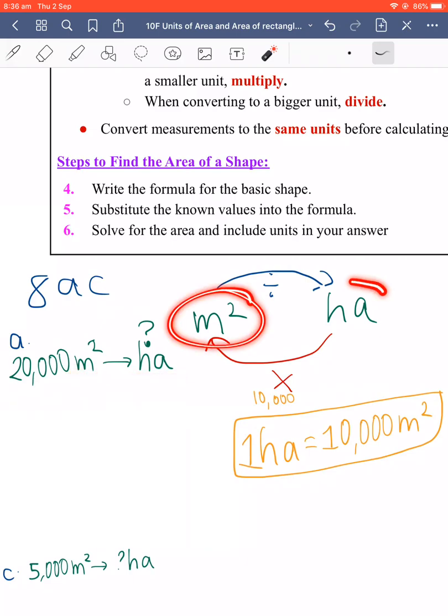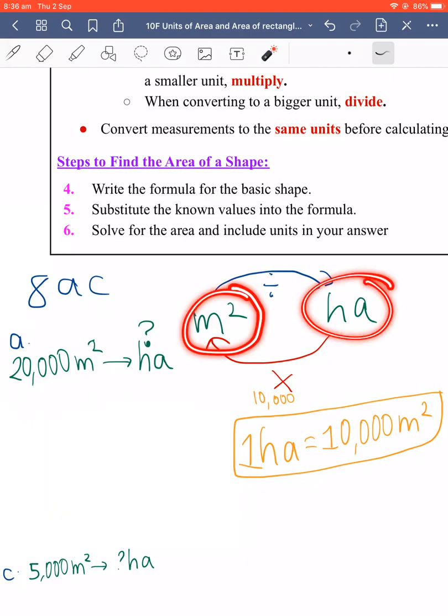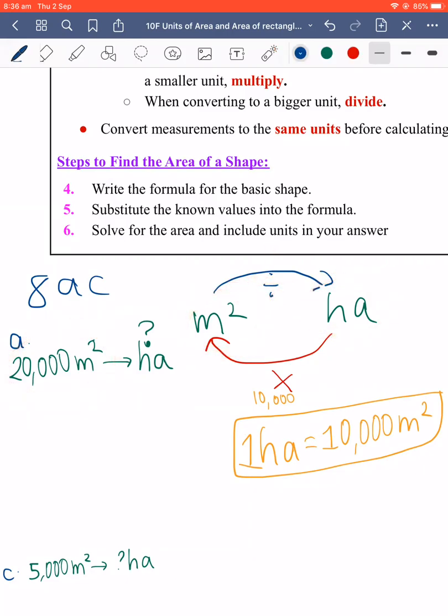So if I'm going from a smaller number to a bigger number, I am going to be dividing. So let's divide this number. So I've got my 20,000, and I'm going to be dividing it by the 10,000 here, which gives me 2 hectares.